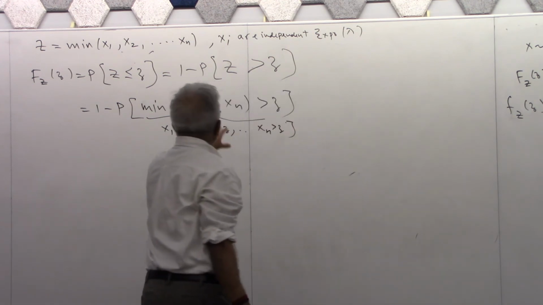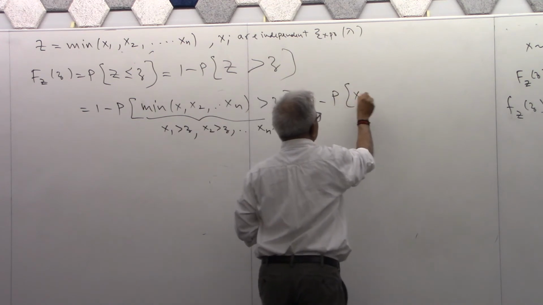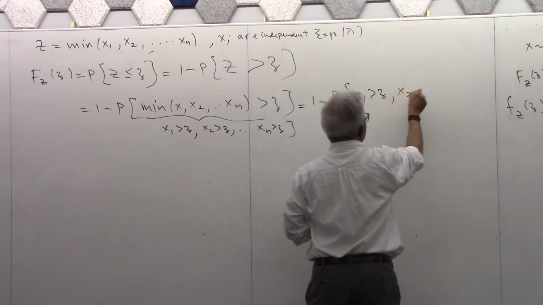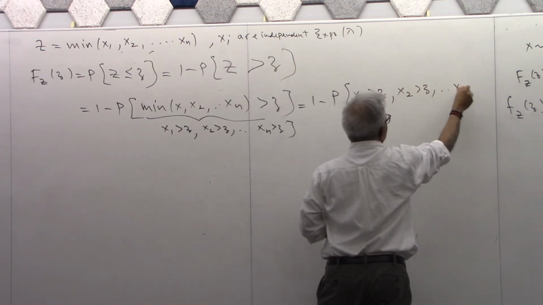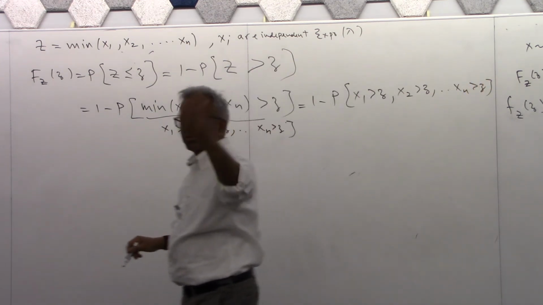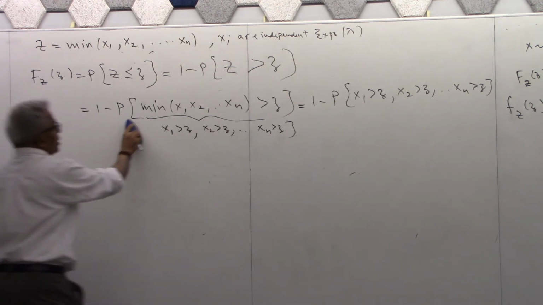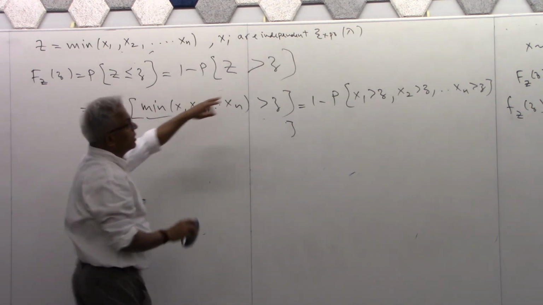So this is the same as saying 1 minus the probability of X1 greater than z, X2 greater than z, etc., because if the minimum is greater than z, each of them has to be greater than z. And if that is the case, now we can use the independence.